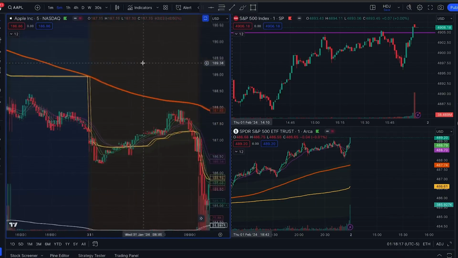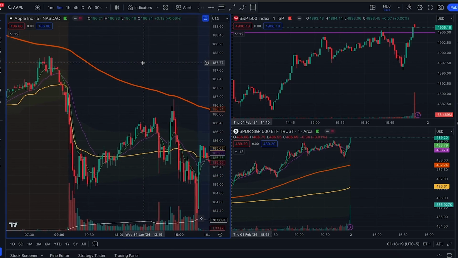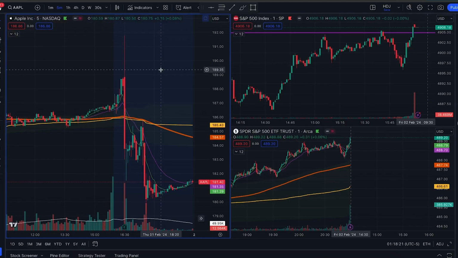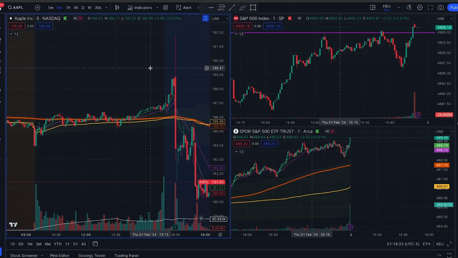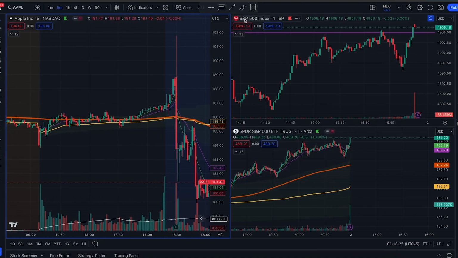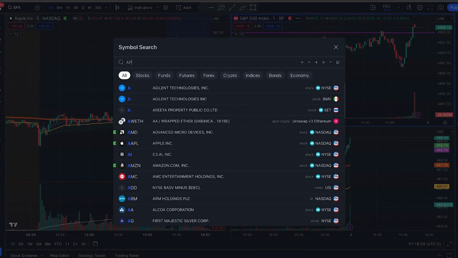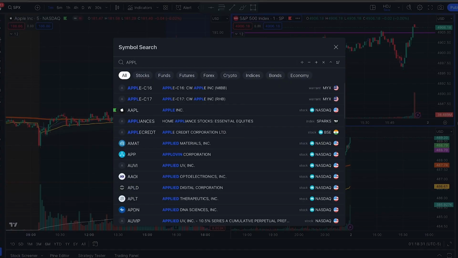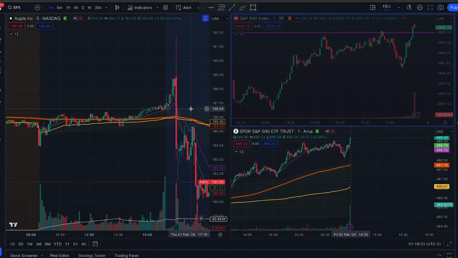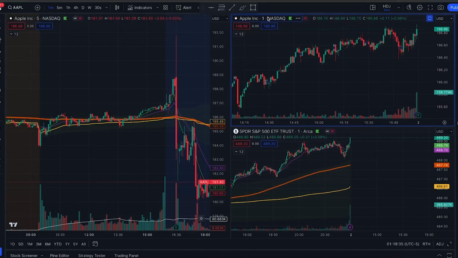The 5-minute is where I'm looking to take my entries. Then we can go here, click on that, and type in Apple. Oh, I typed the wrong thing. Okay, so now we have the 1 minute on Apple. That's the 1-minute chart.